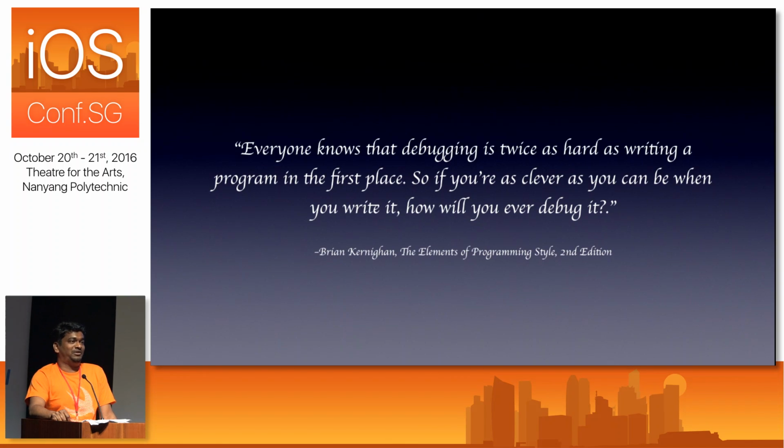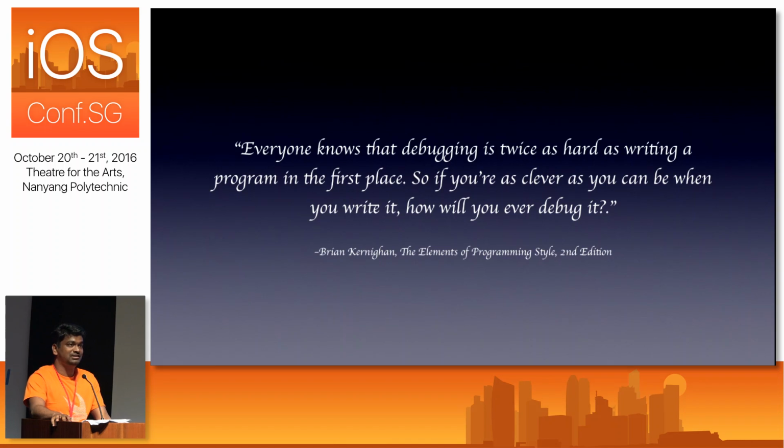Debugging is what we do most of the time as a programmer. I probably debug code more often than writing, right? And debugging is also complex. It's not easy. It's not as easy as architecting code, or it's not as easy as writing code in the first place. Trying to understand your own code that was written 2 years ago and trying to debug it is hard, right? That's what he says.